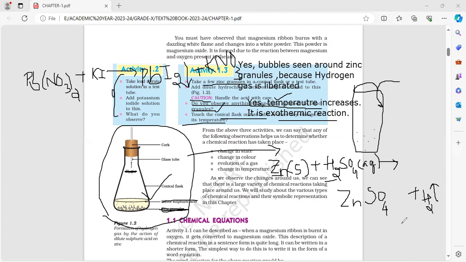So zinc sulfate. And where is this zinc sulfate present? It is dissolved in water, so I'll write aq, aqueous. And what about H2? It is a gas, so you may write G in brackets. So this is the chemical equation for activity 1.3. If you take HCl, write the equation and drop the answer in the comment box.